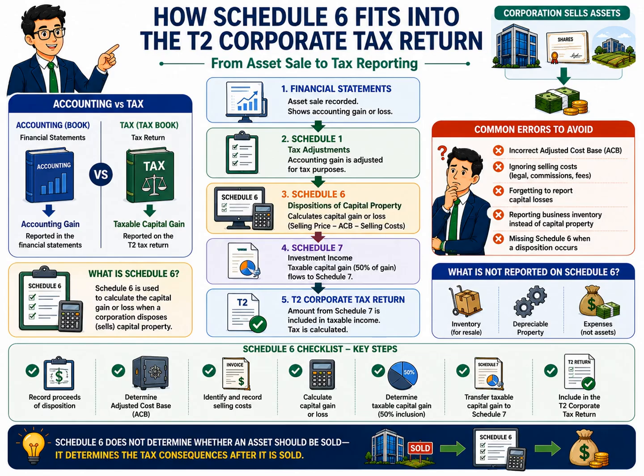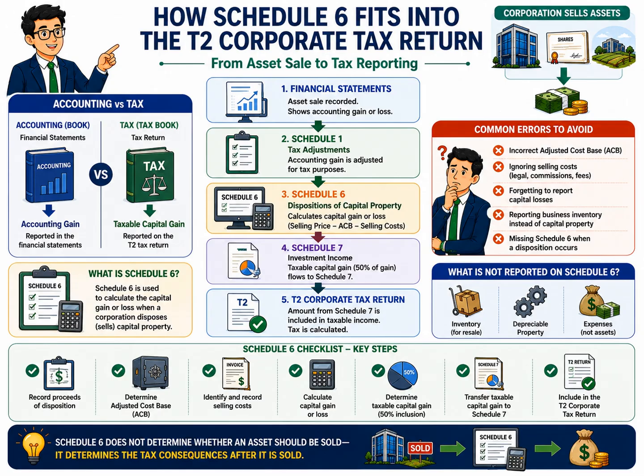In this final slide, let's see how Schedule 6 fits into the overall T2 corporate tax return. The process begins when a corporation sells a capital asset, such as a building, land, or shares. The sale is first recorded in the corporation's financial statements, where an accounting gain or loss is recognized according to accounting standards.